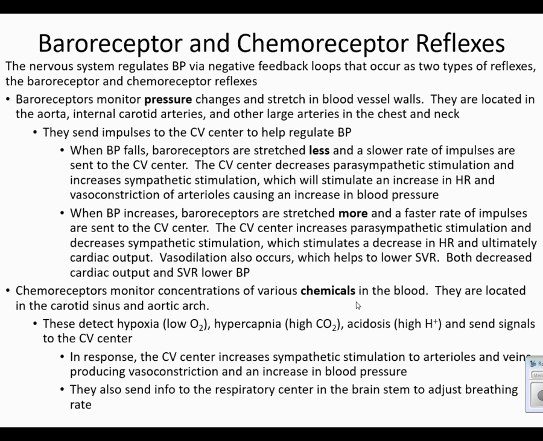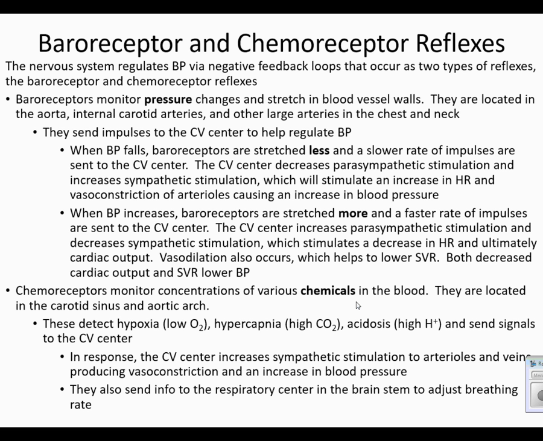And they're autonomic reflexes because they involve sympathetic and parasympathetic output. Both of these are regulated by negative feedback, which is how most of our control conditions are regulated.